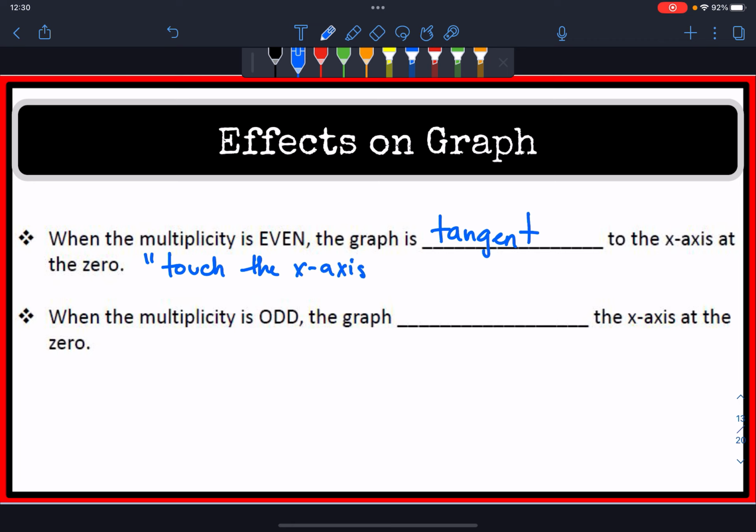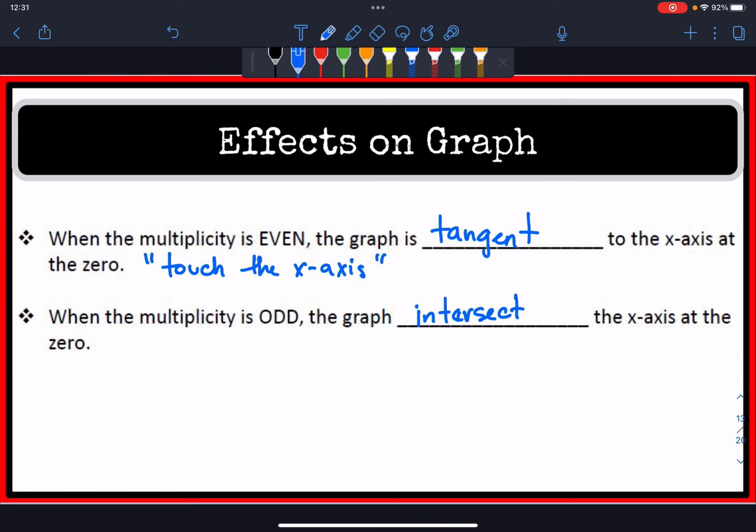It's never going to actually intersect and go through the x-axis. It simply touches the x-axis at that one location for that one instant. Now, when the multiplicity is an odd number, 1, 3, 5, and so on, the graph is actually going to intersect the x-axis at that zero.